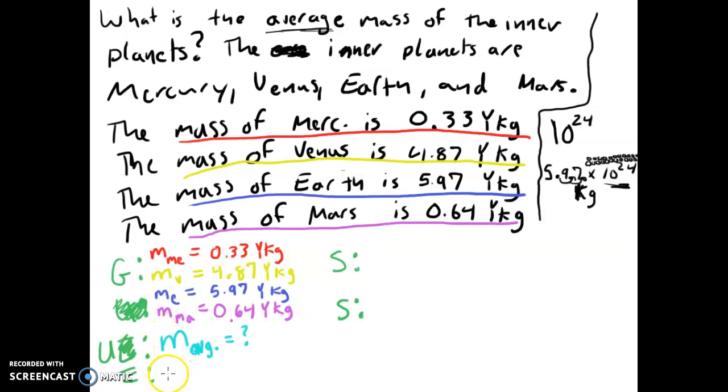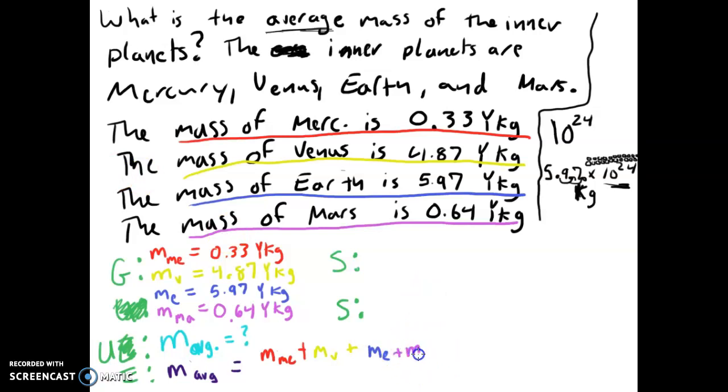So our equation for average is: the average is going to be equal to ME plus MV here, plus, and you can see I'm just adding them all up like we do for an average, which you'll remember from math.